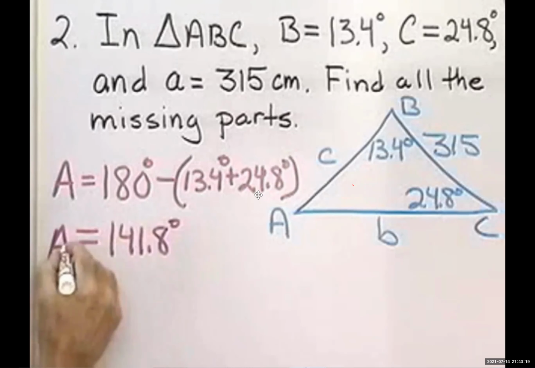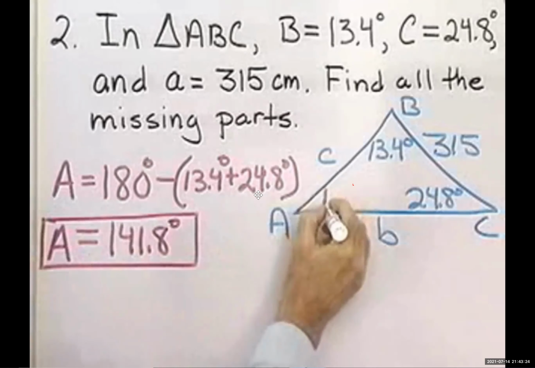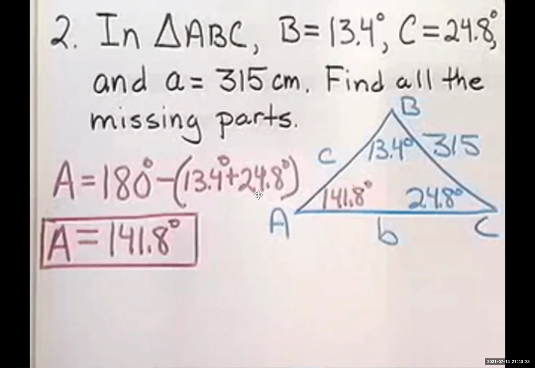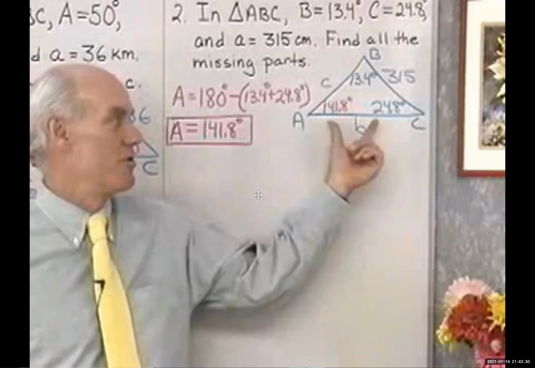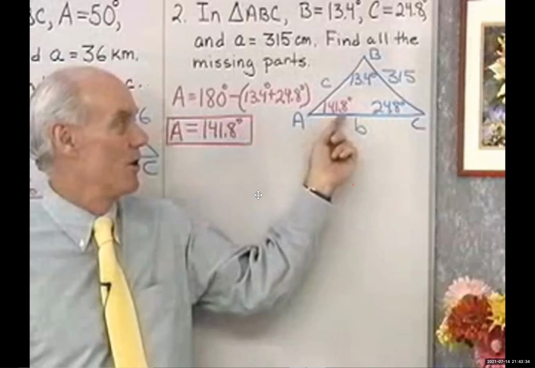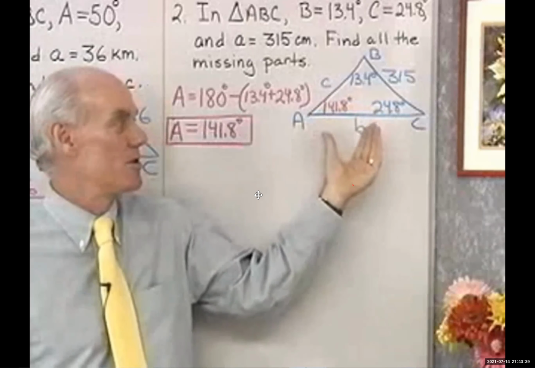So that's angle A. I'll fill in my triangle right here with 141.8 degrees. So you can see right away that I haven't drawn a very accurate triangle right here because this is an obtuse angle of 141.8 degrees, and the triangle certainly doesn't look like that. But that's okay for our purposes right here.